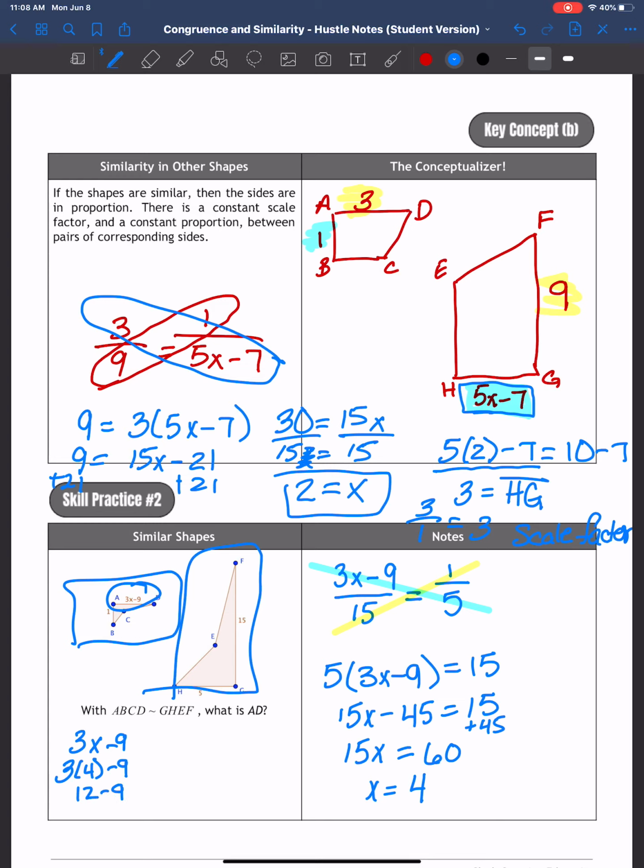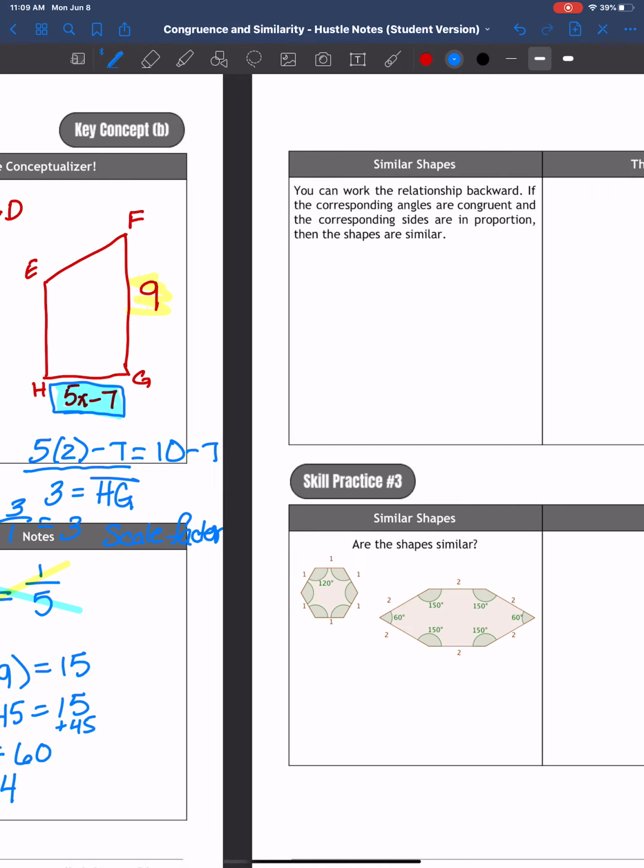Minus 9 is 3. 3 over 15, or 15 over 3 equals 5. Your scale factor is 5. Okay, so on to the next one.